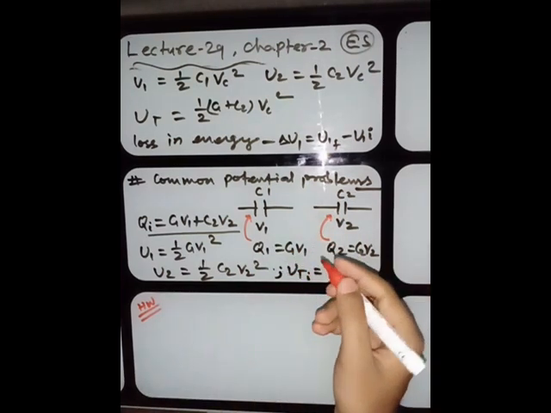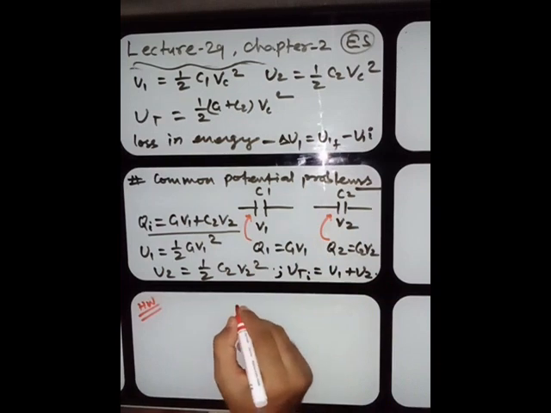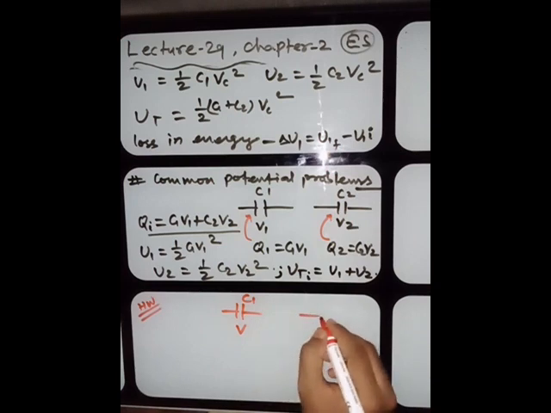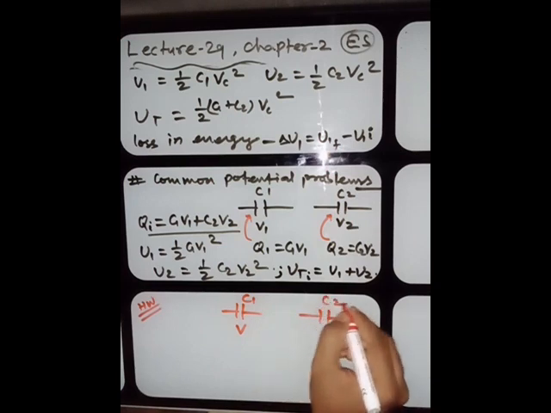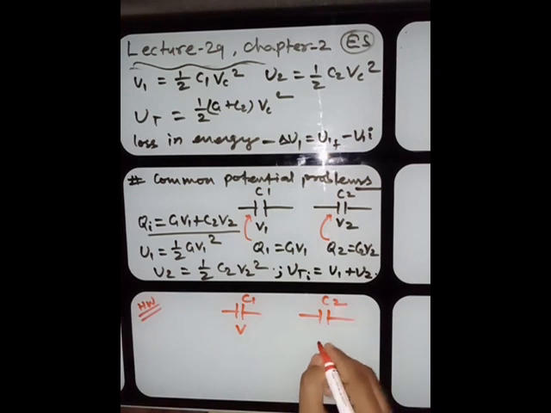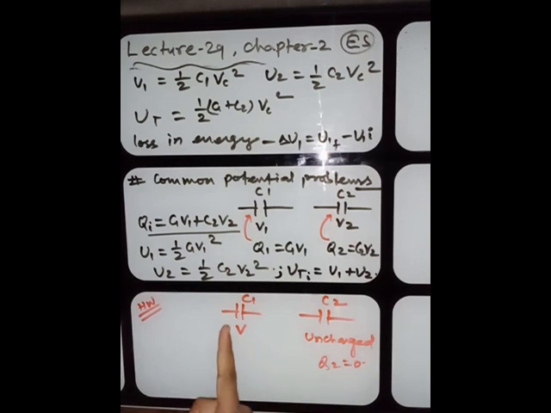Suppose the first capacitor C1 is charged by potential V and the second capacitor C2 is uncharged. Uncharged means it has charge zero.